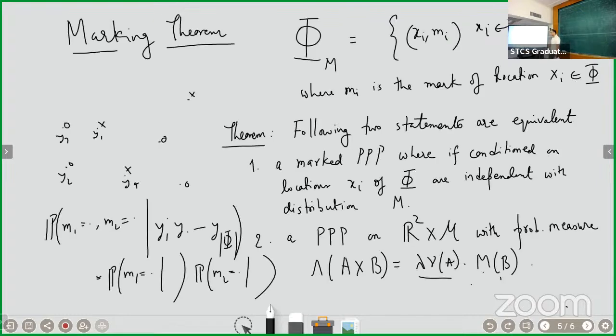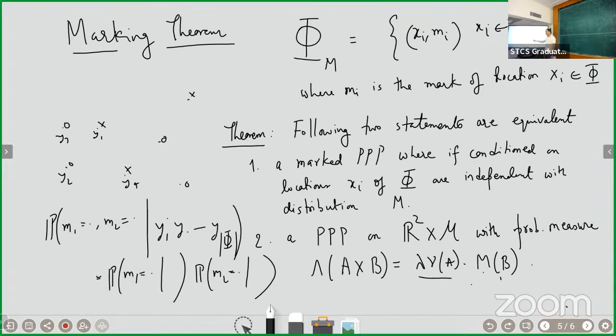So B will be containing those marks, right? B is a subset of all possible marks. So I'm just counting the probability of all marks possibly belonging to B. This is standard. This is the total probability mass of B. So every mark has its own probability, and the sum total is equal to 1, because that's what I said, a distribution.